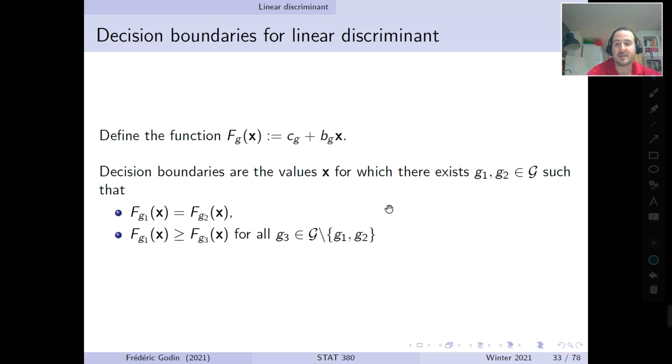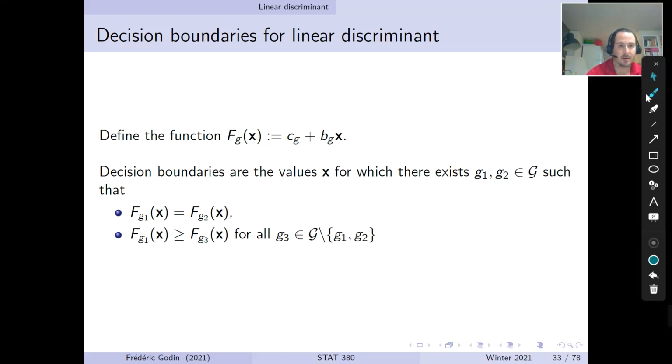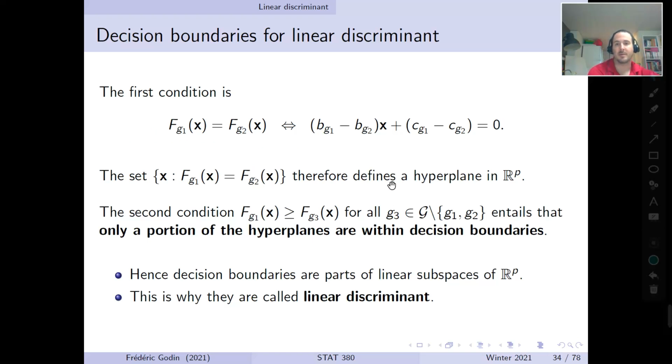So the decision boundaries, characterized by this set of equations, are the set of points for which you're indifferent between classifying as G1 or G2, and for which G1 and G2 are at least as likely as any other possible class G3.